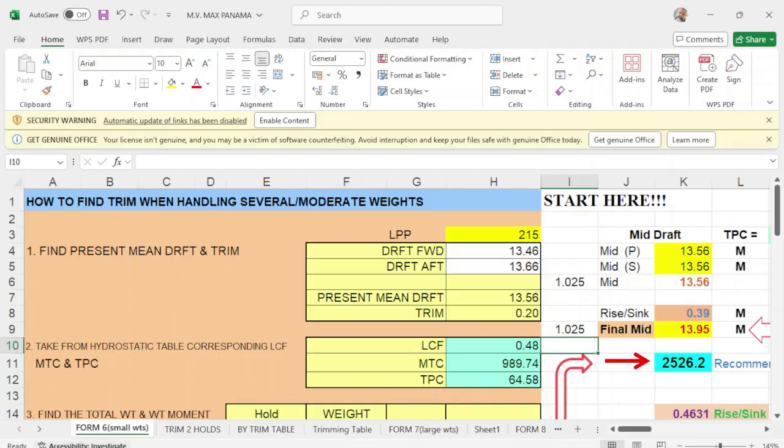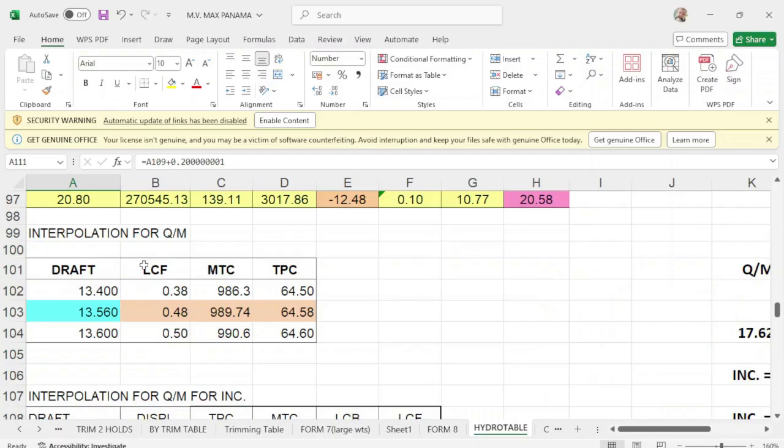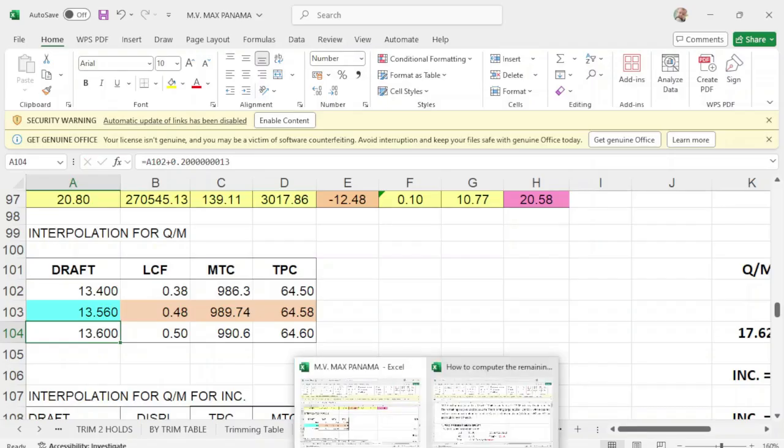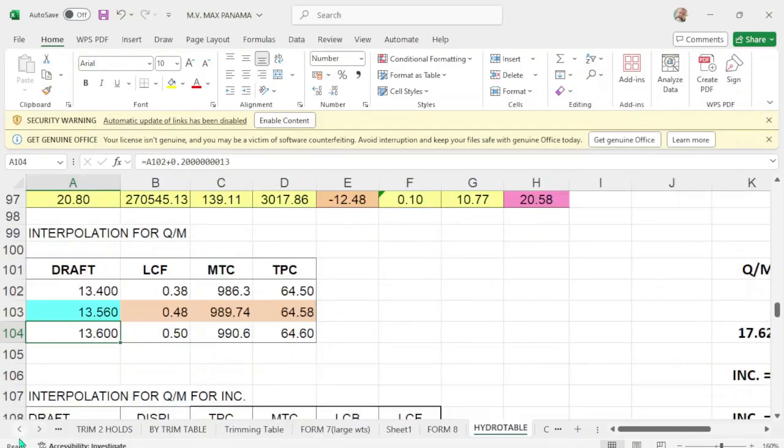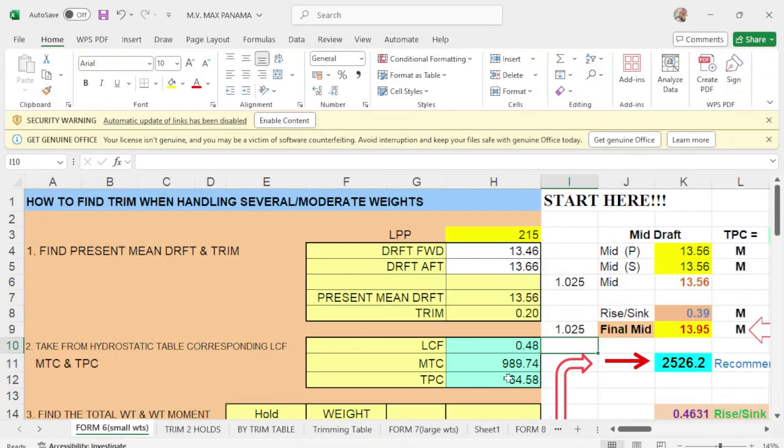Now, how to get the LCF and MTC? You go to your hydrostatic table. Take note of your mean drop of 13.56. Here, what is your LCF? LCF is 0.48.